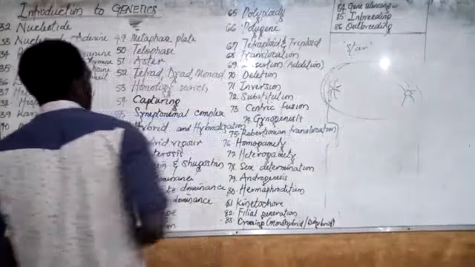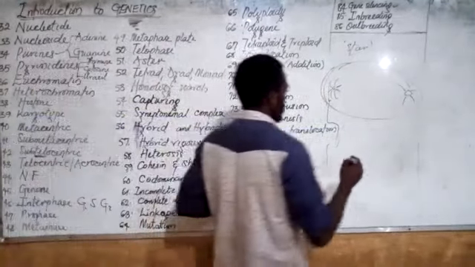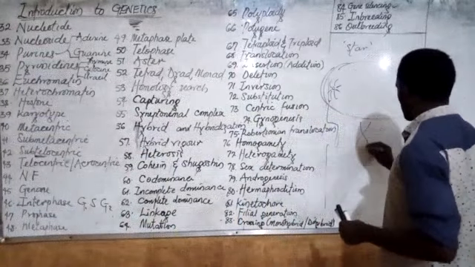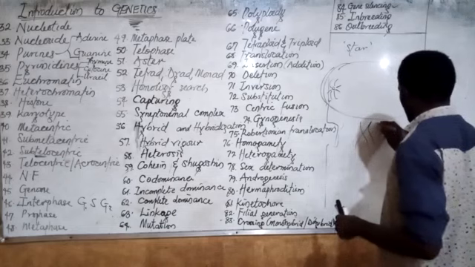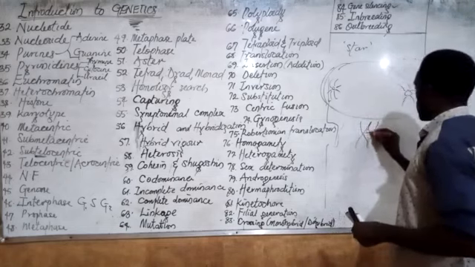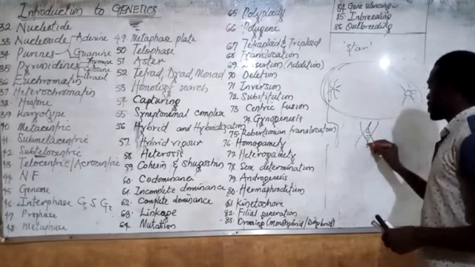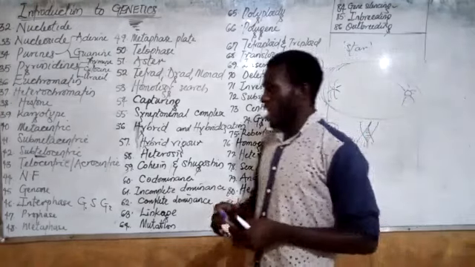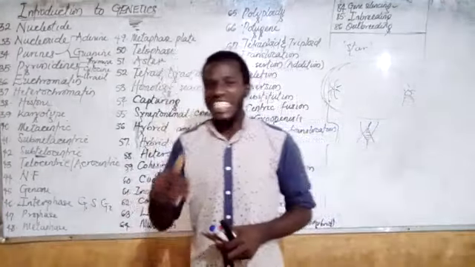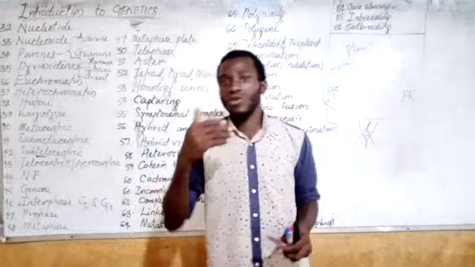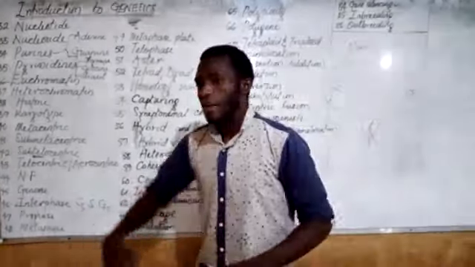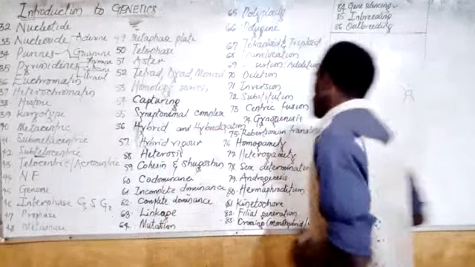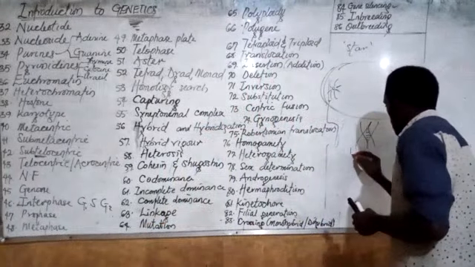The next one is tetrad, dyad, and monad. Remember, tetrad is basically the group of bivalents that are formed during the prophase, essentially in the zygotene stage or zygonema of meiotic one division. So this is called a bivalent.